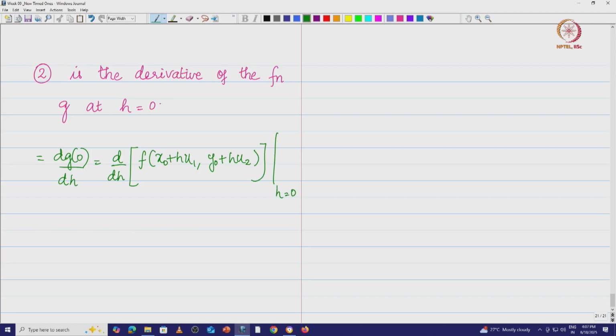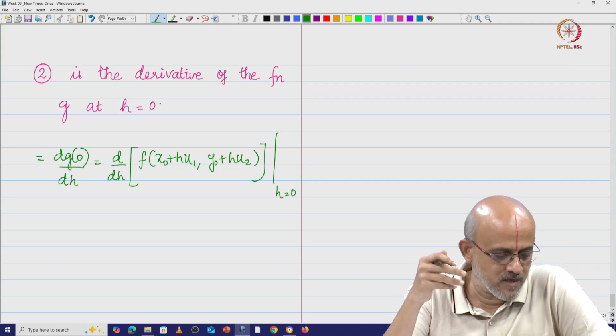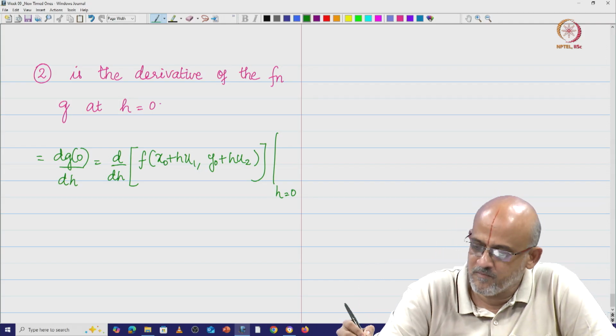Evaluated at h is equal to 0. Now, we have seen something like this before. You have d by dh of f of x naught plus h u 1. Let me call x naught plus h u 1 as x and y naught plus h u 2 as y. So, this is going to be a composition that I have. So, I can use chain rule here of the derivative.